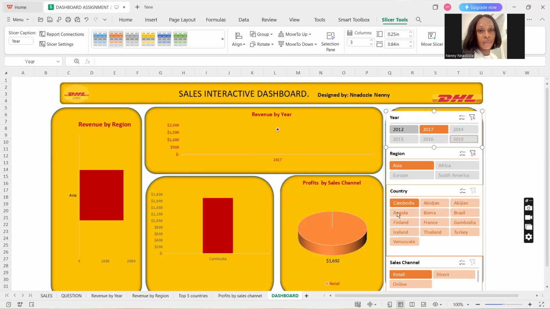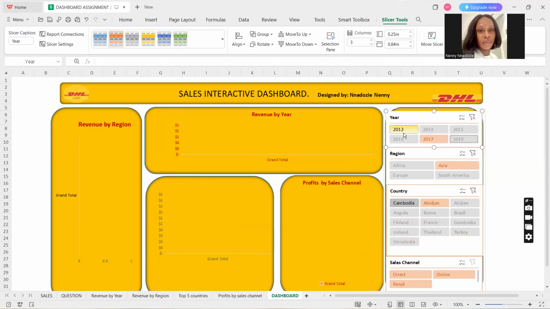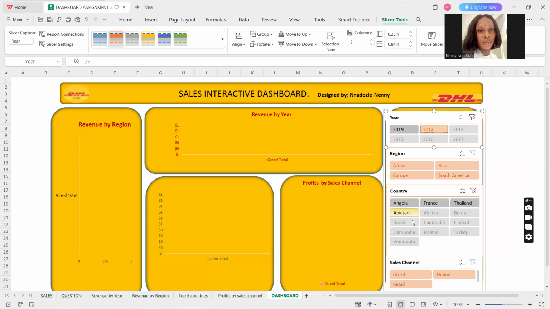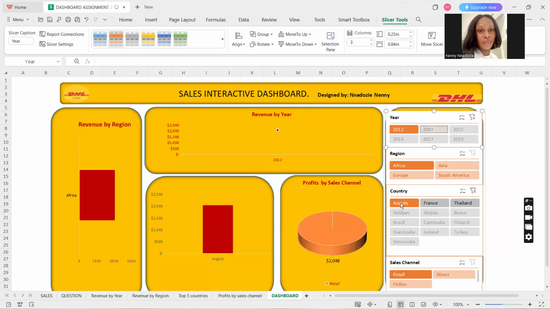Okay, that's fine. So let's check the highest and the lowest. So in 2012, Abidjan did not make any sales.